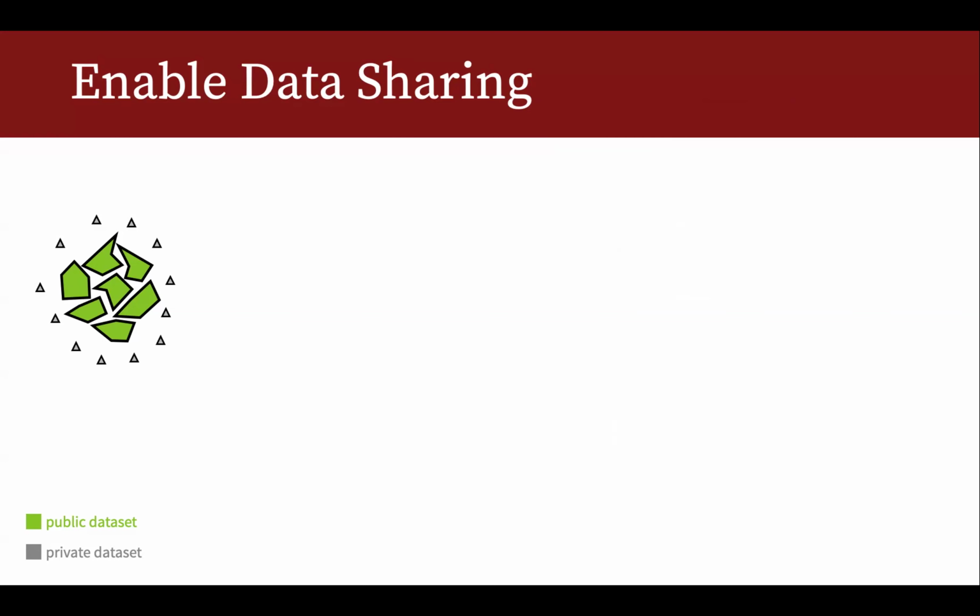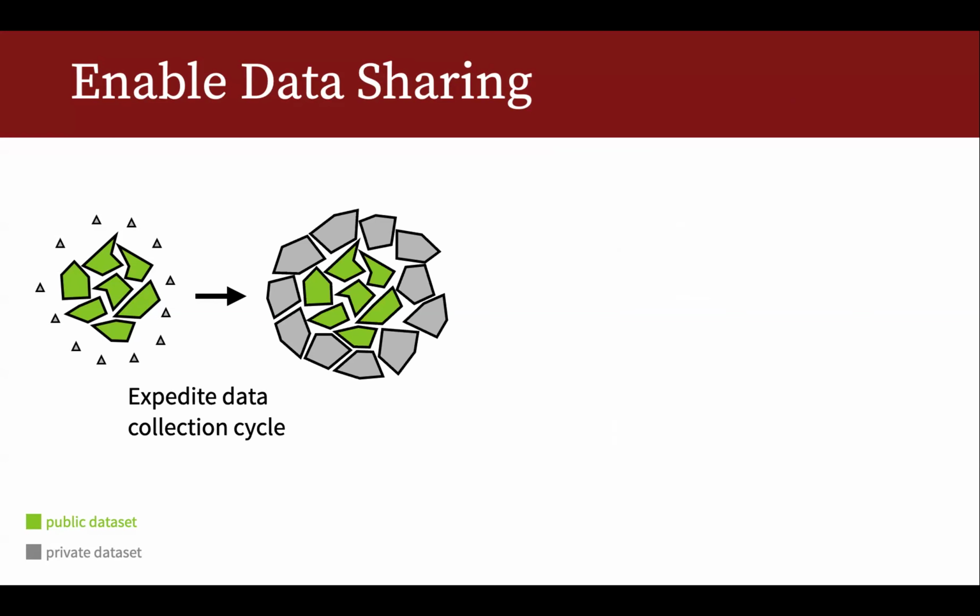So how does AddBiomechanics help in terms of data sharing? This is the kind of landscape we're looking at. We have some public datasets for human motion, but there are a lot of private datasets. They're really good data, but they're just not shared. AddBiomechanics expedites the data collection cycle, so people can collect more data, more easily and more cheaply.